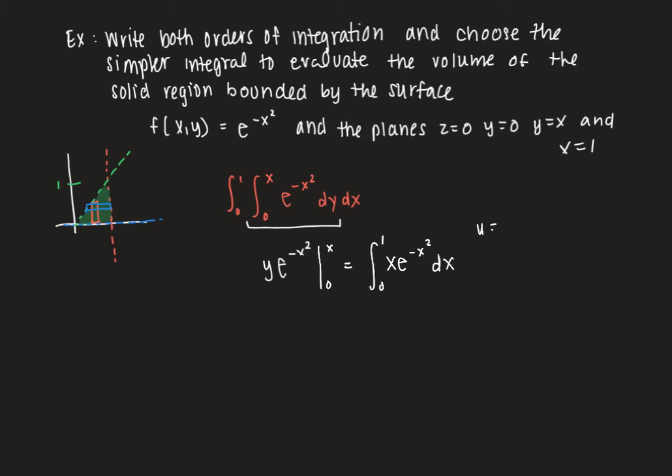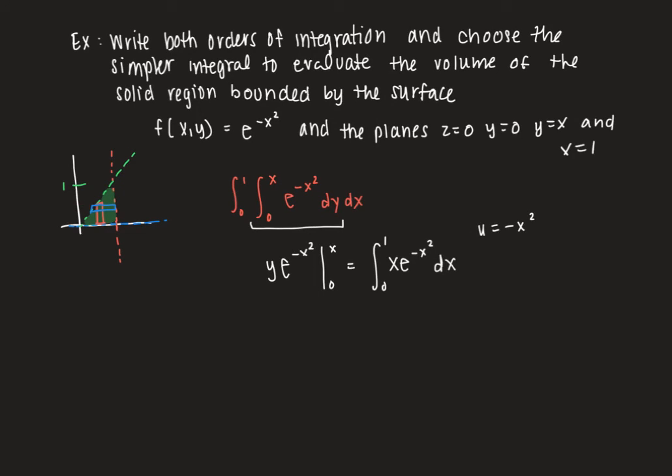So I'm going to use u substitution. u equals negative x squared. And that means u of 1 is negative 1, and u of 0 is 0. du/dx is negative 2x, and I'm going to isolate dx.